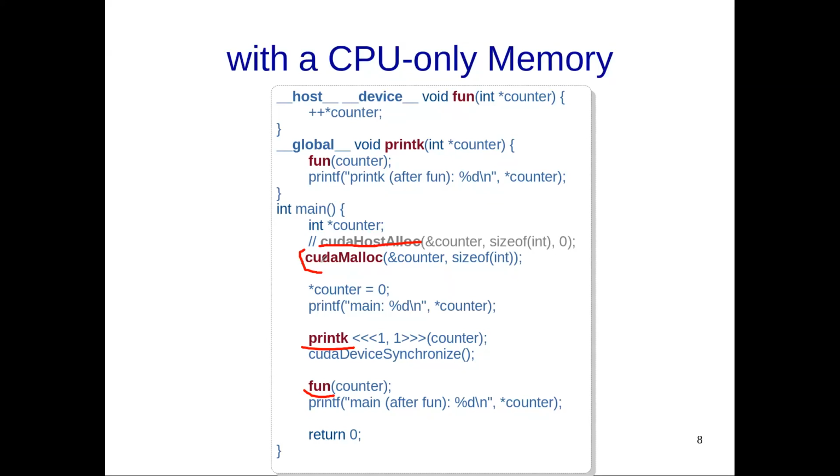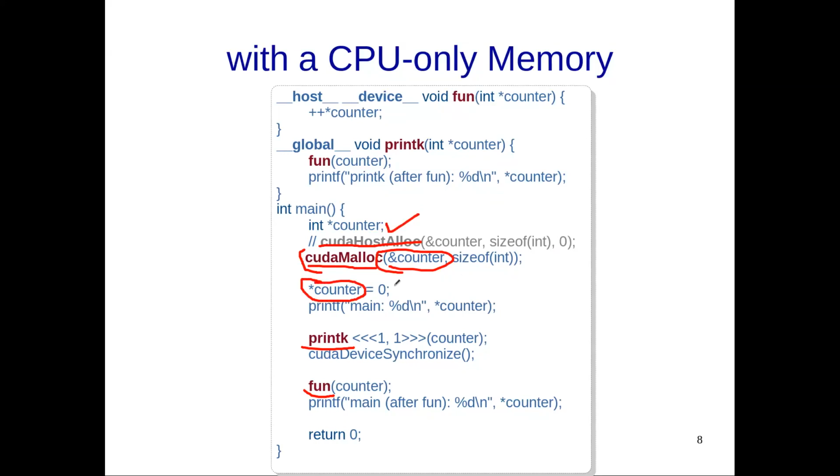So whatever we have done so far, cudaMalloc, right? We said that this counter is on the CPU, but what it points to is on the GPU. And that address is not, or often not, valid on the CPU side, and therefore we can access counter on the CPU, but we cannot access star counter on the CPU.